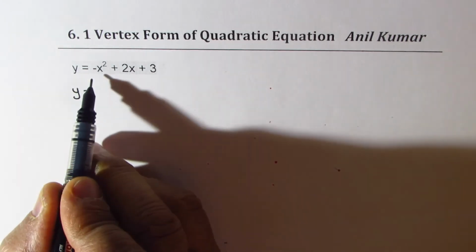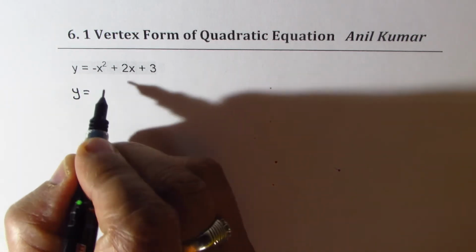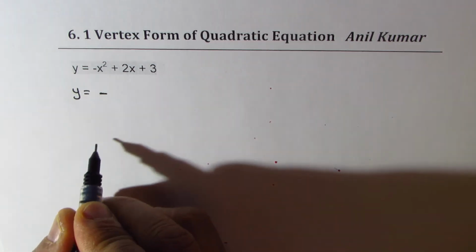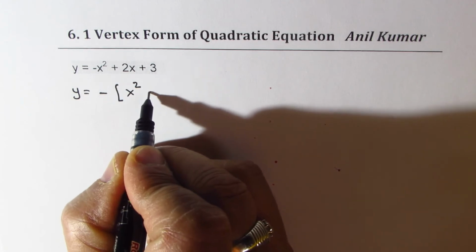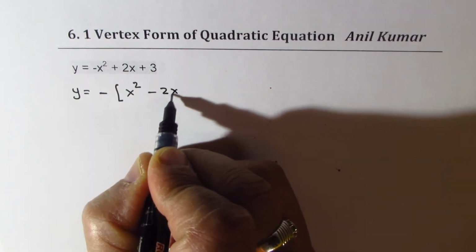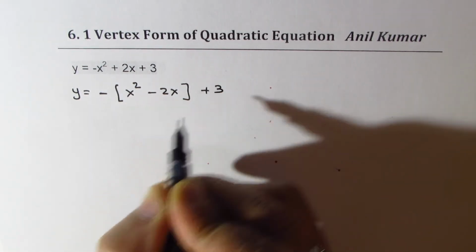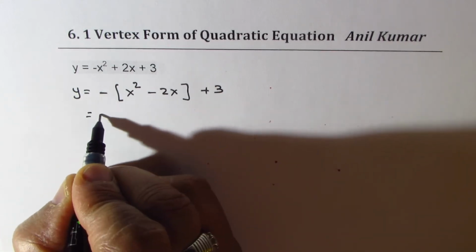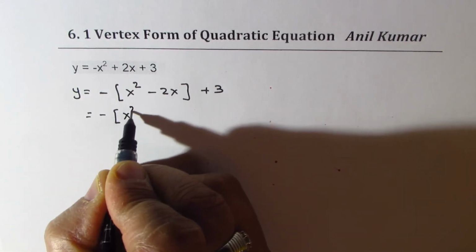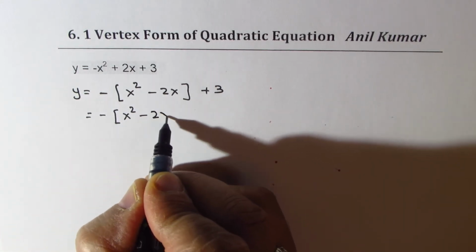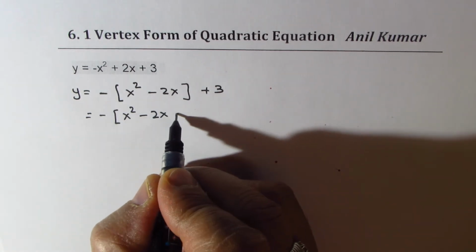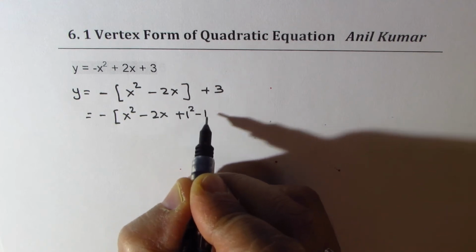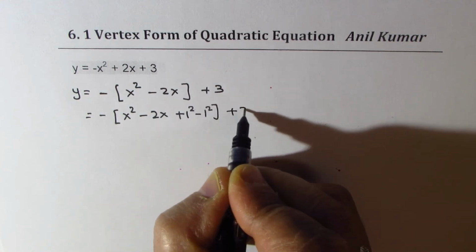So in this case, the leading coefficient is negative. So we'll just factor out negative. We are left with x squared. Dividing by negative gives us minus 2x, and we'll keep this 3 outside. That's the first step. The second step is to add and subtract the square of half of 2, which is plus 1 square minus 1 square, right?